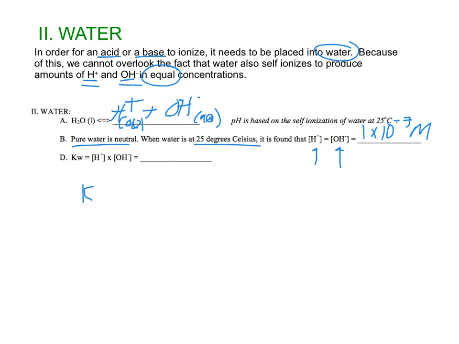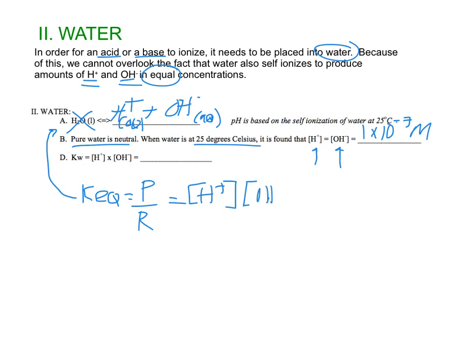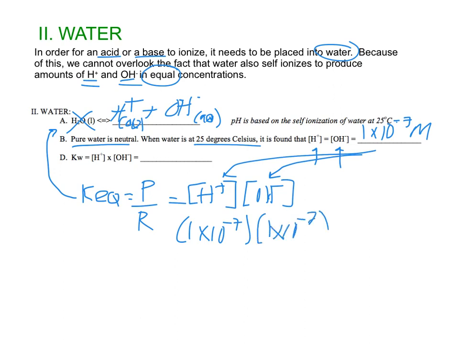And so if we apply that with what we know about equilibrium from last unit, kinetics, products over reactants, if we wrote an equilibrium expression, we would cross out all of our solids and liquids, and so we would, in this case, just have products. It would be our hydrogen concentration times our hydroxide concentration, and if we plugged in our equilibrium concentrations, 1 times 10 to the negative 7th times 1 times 10 to the negative 7th, we would multiply these in the calculator, and you can do this a couple different ways.